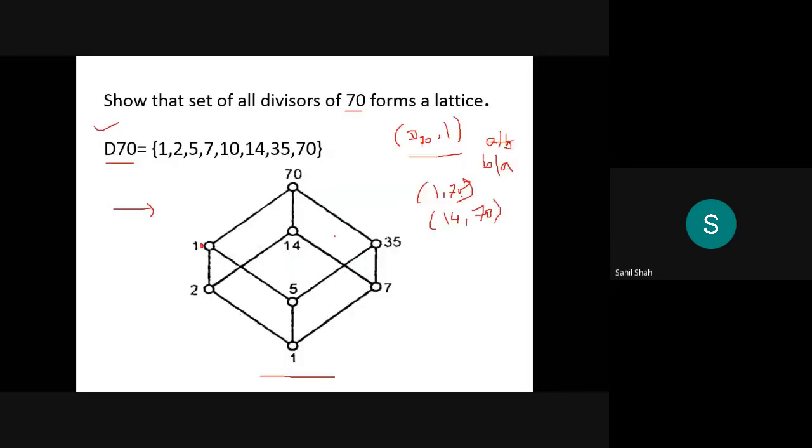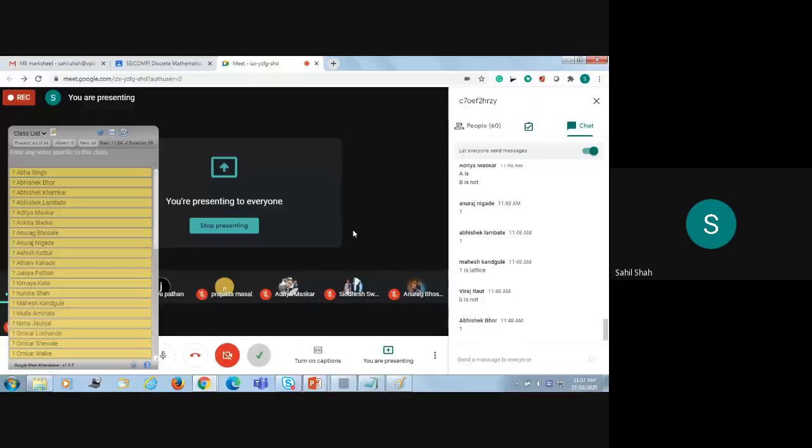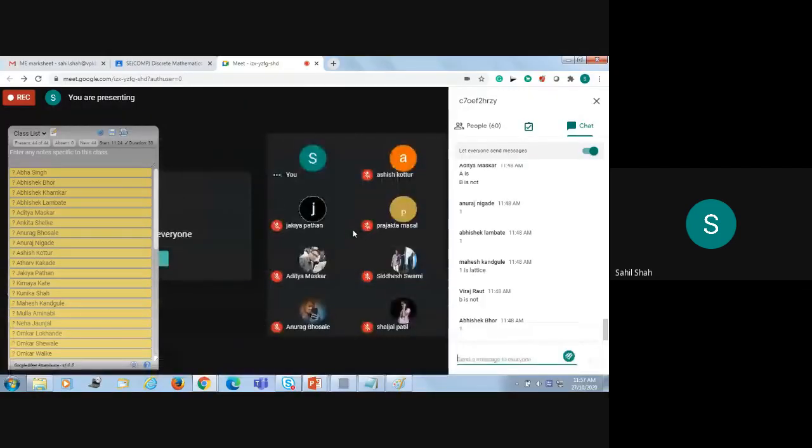Any confusion whether LUB and GLB exist for every pair? Yes or no?